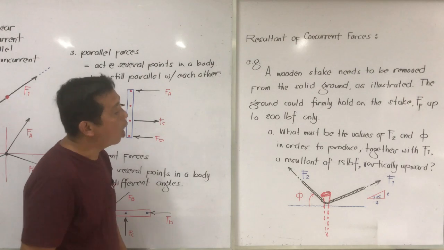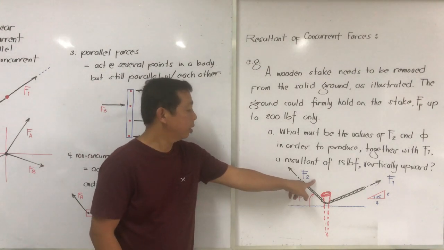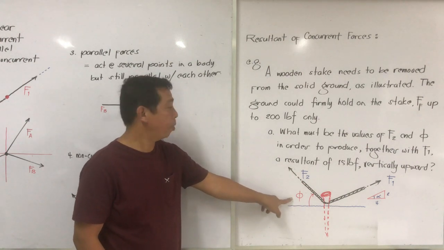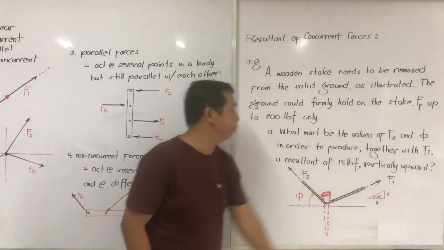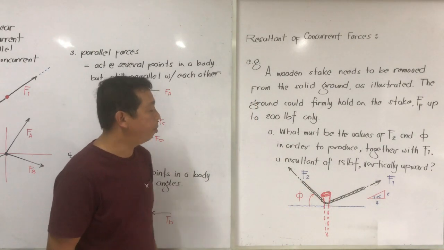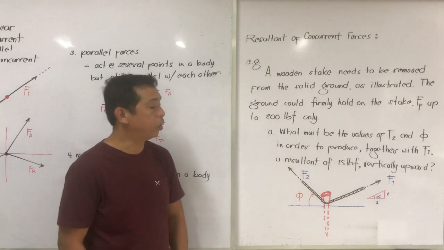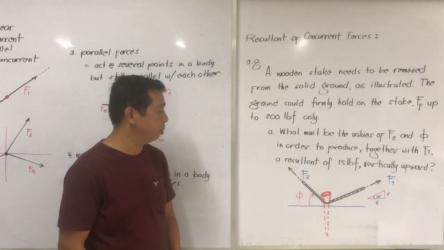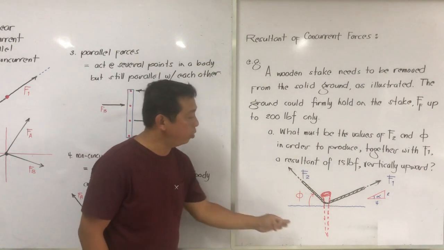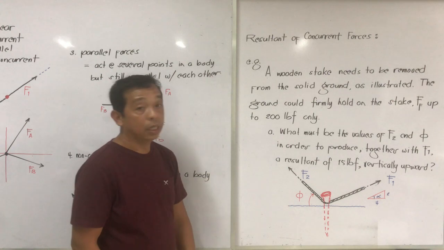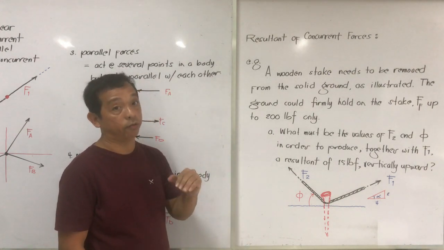Question for letter A. What must be the values of F2 and phi in order to produce, together with F1, a resultant of 15-pound force projected vertically upward. Okay. So ito yung ating illustration, and from here, sisimulan natin siya i-analyze at i-solve.